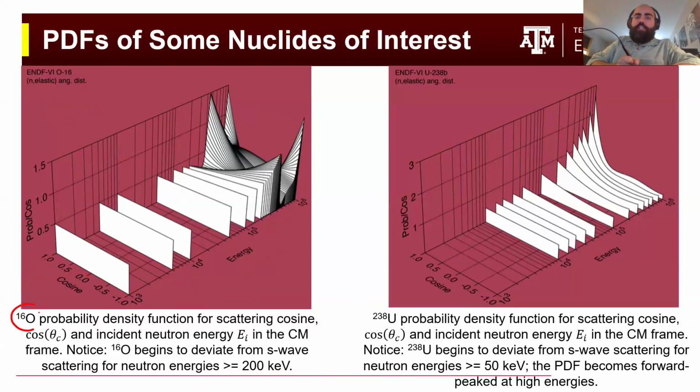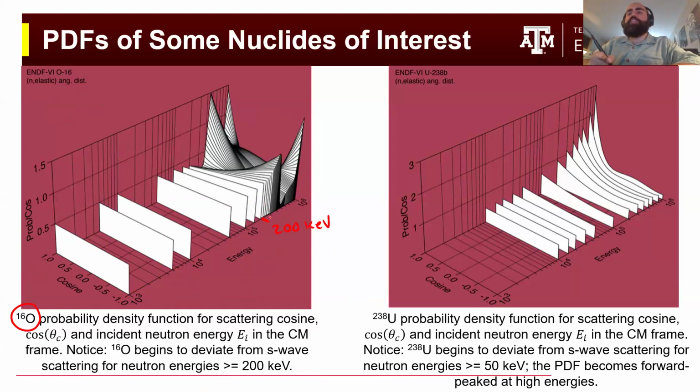Here's oxygen-16. Water is hydrogen and oxygen, so oxygen is also an important nuclide. Notice that it is also basically an S-wave scatterer until we get to around 200 keV.